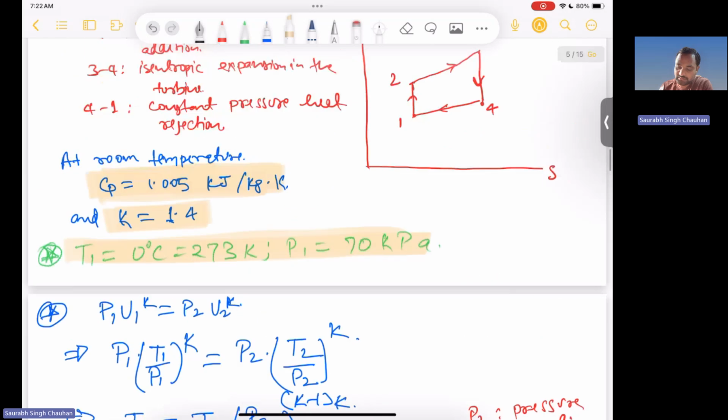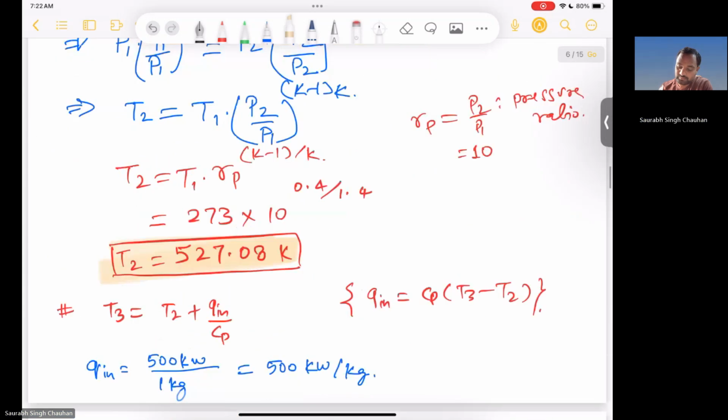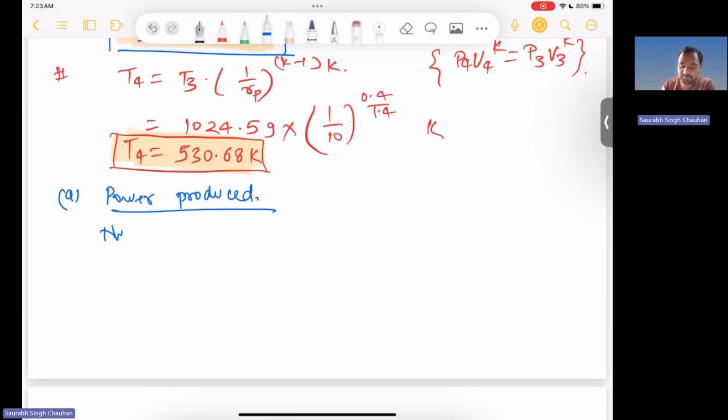What is asked? We have to find the power produced by this engine. So what will be the net power produced? Power will be produced by the turbine, but some power will be consumed by the compressor.